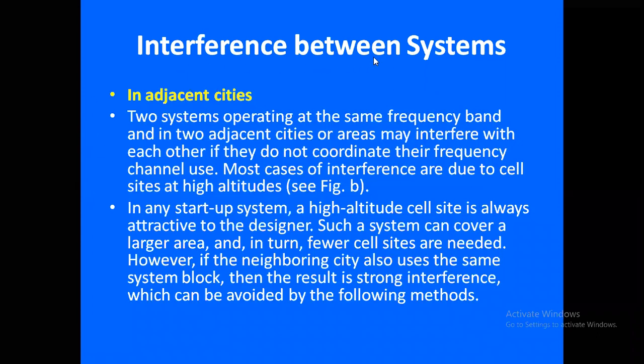Now coming to interference between systems in adjacent cities. Two systems operating at the same frequency band in two adjacent cities or areas may interfere with each other if they do not coordinate their frequency channels. Most cases of interference are due to cell sites at high altitude.